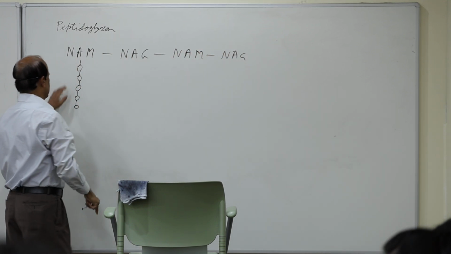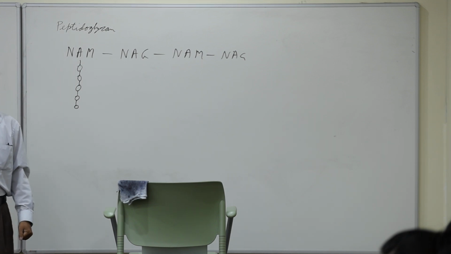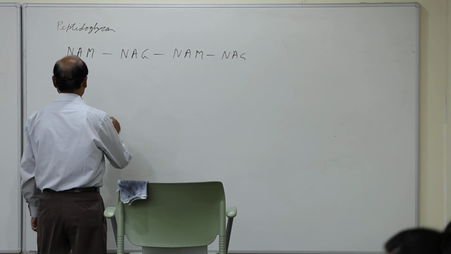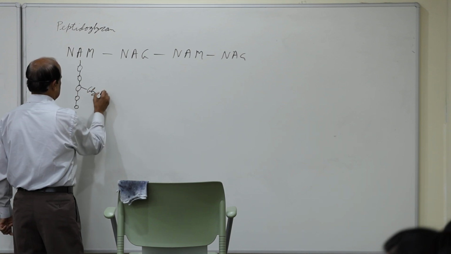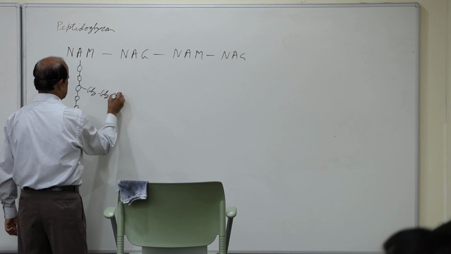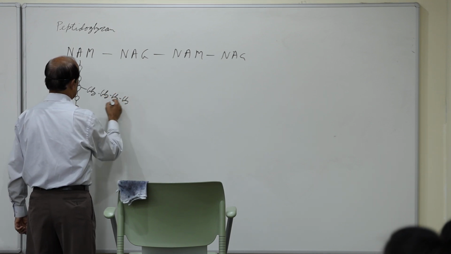So every NAM will have this linkage. And then this one will have 5 glycines like this. 5.